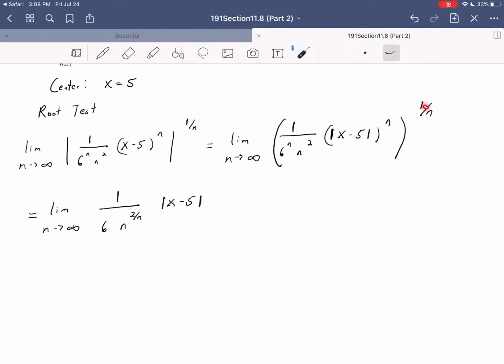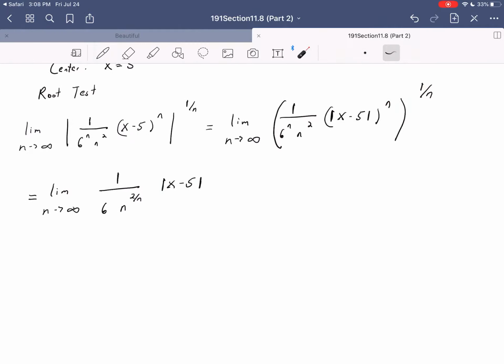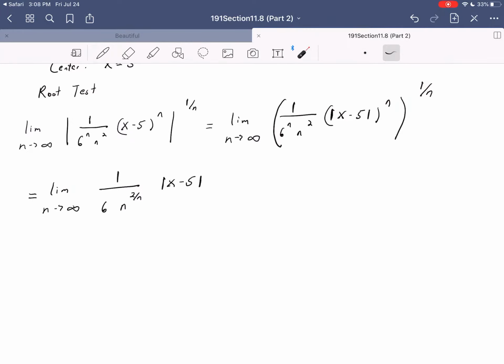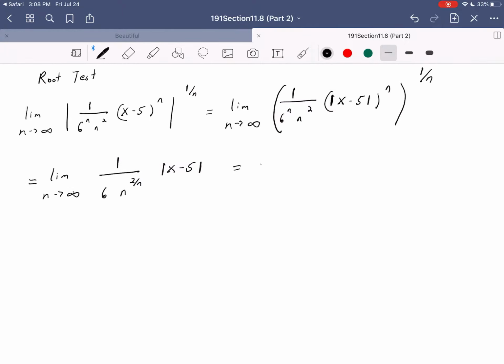That's because with power to a power we multiply: 2 times 1 over n is 2 over n, and n times 1 over n cancels. Now the trick is to recognize that the absolute value term no longer has an n involved in it, so we can bring it outside of the limit. So we get the absolute value of x minus 5 times the limit as n goes to infinity of 1 over 6n to the 2 over n.